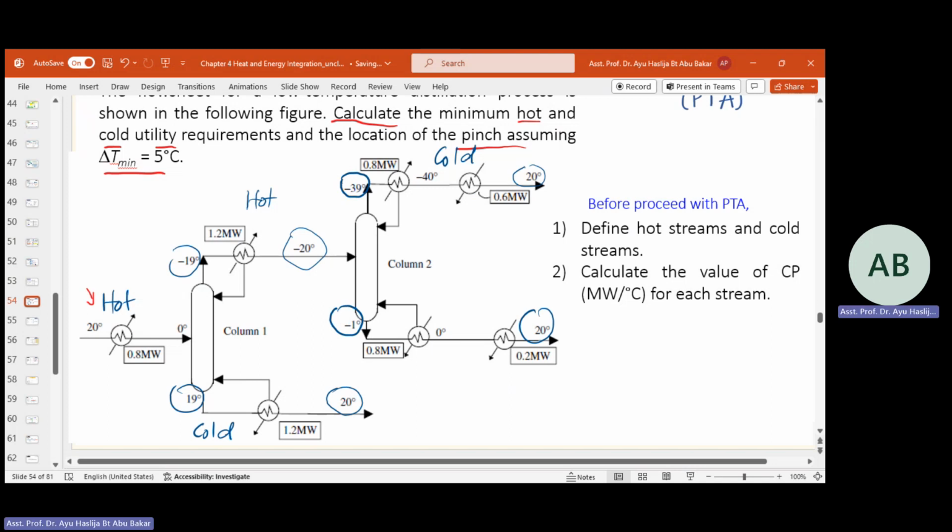Cold or hot? -1 to 20. Cold or hot? Cold. Yes or no? Why do you say cold?